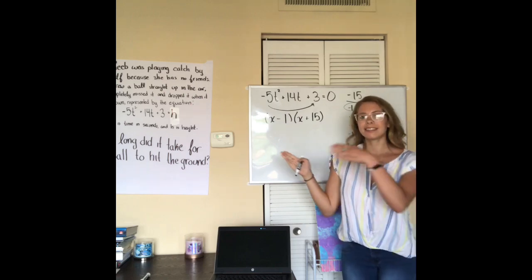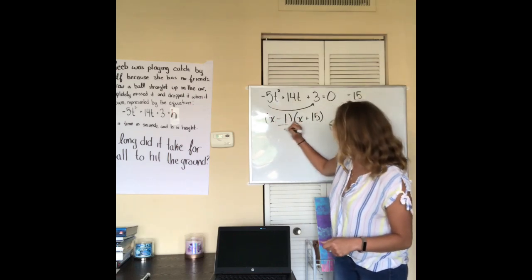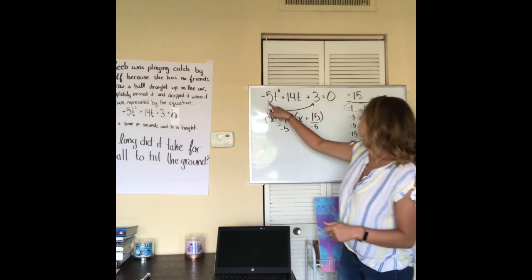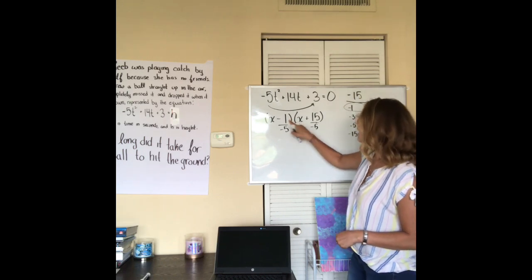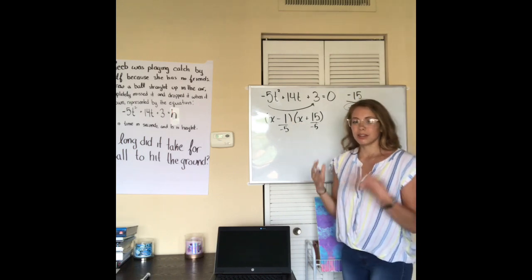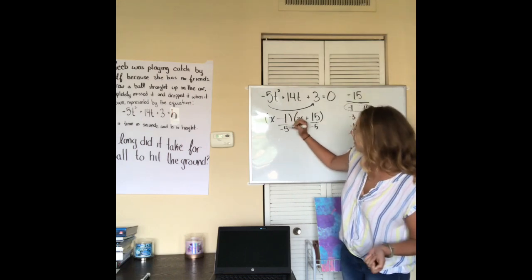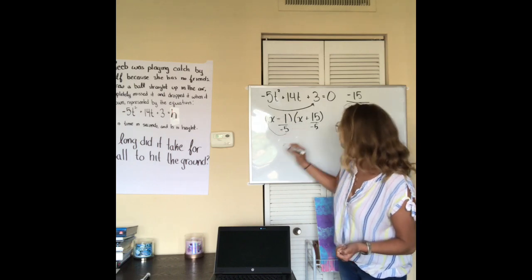But now I need to slide out my negative 5. So I'll divide both of them by negative 5, because if I multiplied it in, I have to divide it out. Negative 1 divided by negative 5 doesn't go in evenly, but a negative divided by a negative is a positive, and I'll slide that 5 back in front.